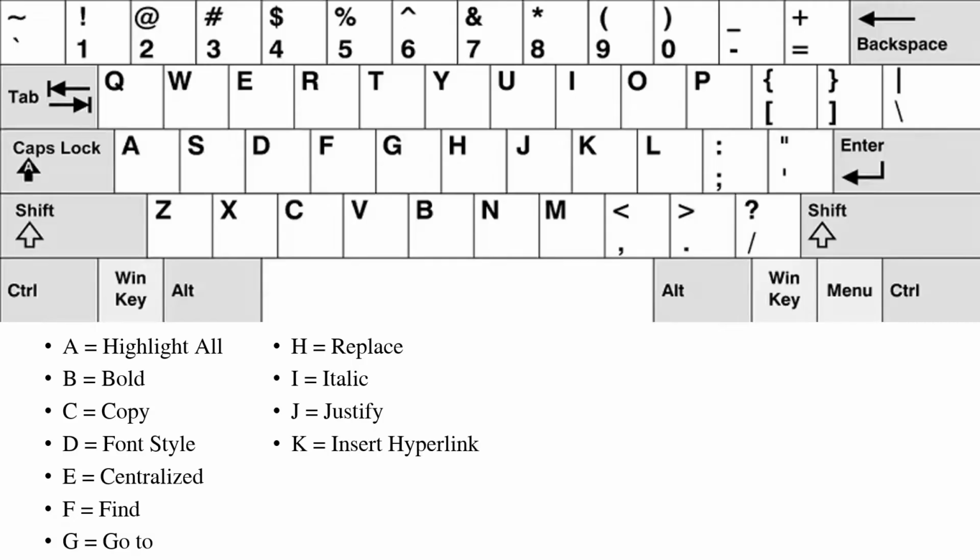Control K is used to insert a hyperlink. A hyperlink is a way of attaching a document inside Microsoft Word. You can attach a Microsoft Excel file in the document. You can attach an image. You can attach a text. You can even attach a Microsoft Word document inside Microsoft Word, and it will just be a link.